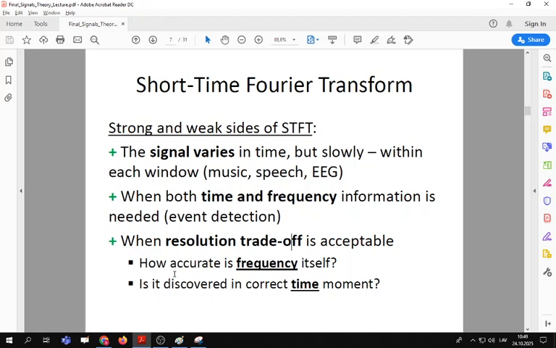So here are two questions that we are interested in. First of all, we want to know if the frequency is accurate enough, because that is what the frequency resolution is speaking about. How many samples we can have determines how many signal samples you have.